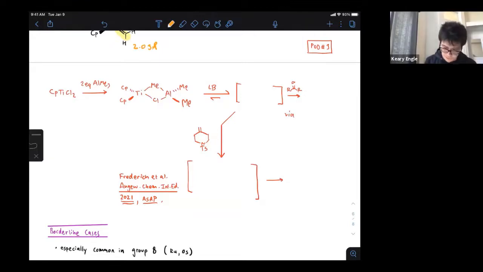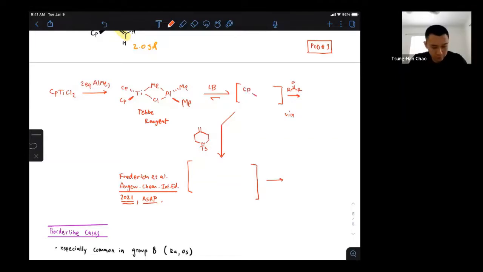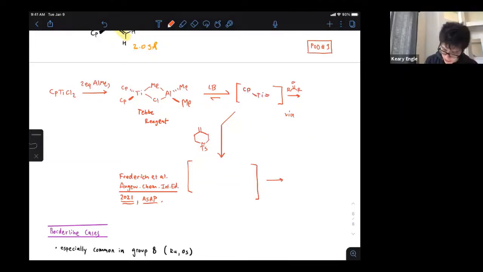Okay, beautiful. So this reagent is called the Tebbe reagent. And upon treatment with Lewis base, this will break up the bridged form and give a titanium methylidene.